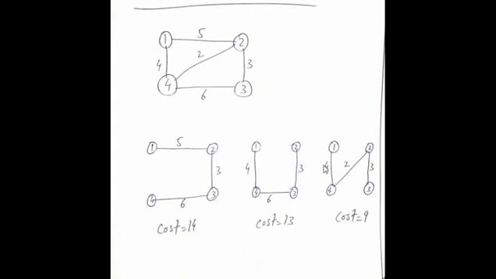So how can we calculate the minimum cost spanning tree? Yes, this is a very important question. If you are given a weighted graph in the question, how do you solve this problem? You have to draw all the possible spanning trees and calculate their cost. This is one way. But the question arises: this will be a very lengthy process.